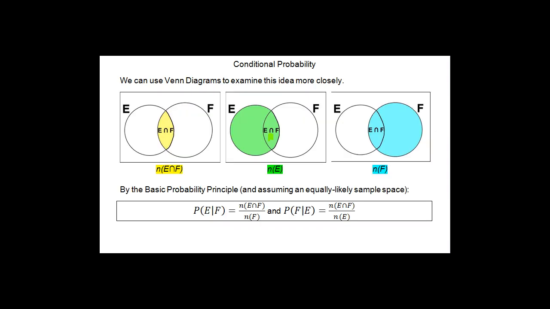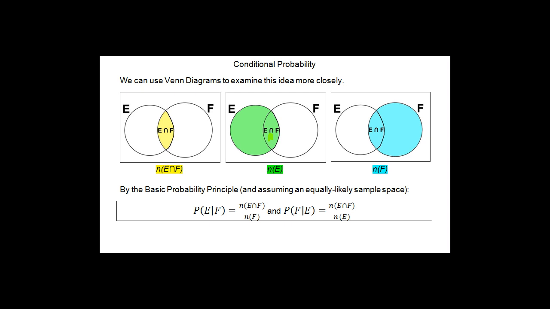Let's change perspective a little bit and look at these in terms of Venn diagrams. The first Venn diagram I have up there shows the intersection of events E and F. That's the yellow shaded area. And the number of elements in E intersect F will be the numerator, as you saw in our previous example, of a probability calculation with conditional probability, just like you saw earlier.